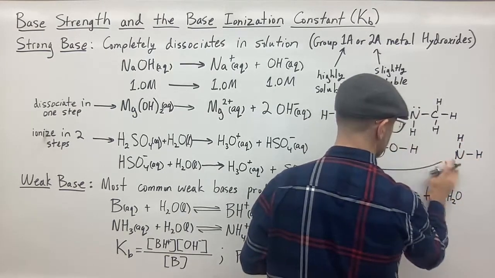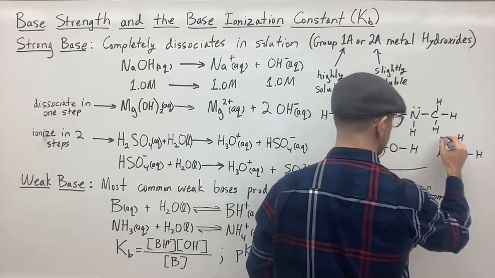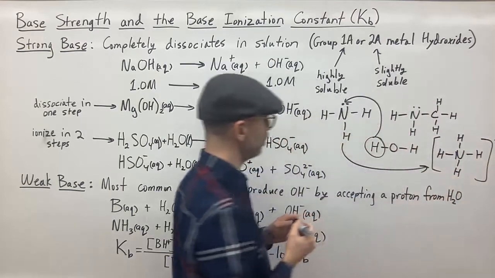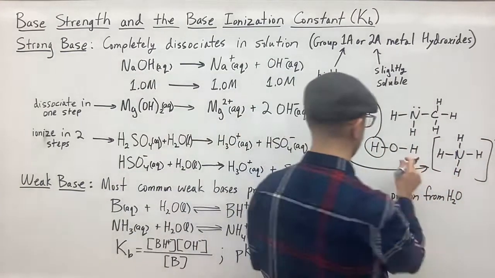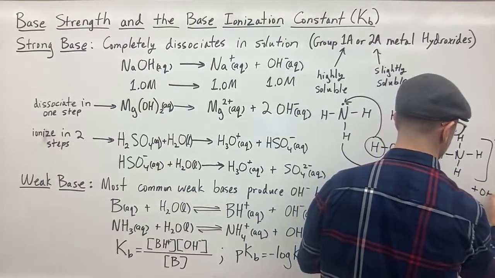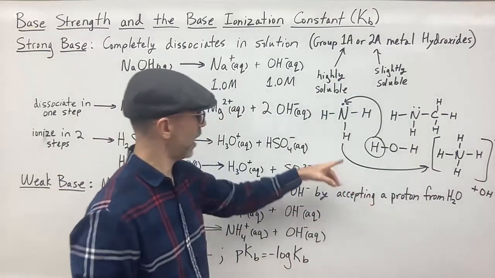your NH4, right? So this is going to be, then you got that plus charge, and then you've got the OH minus left over. So this is typically what's happening.